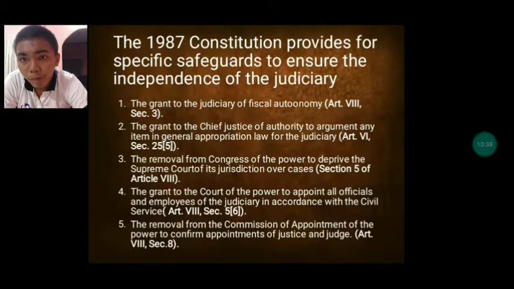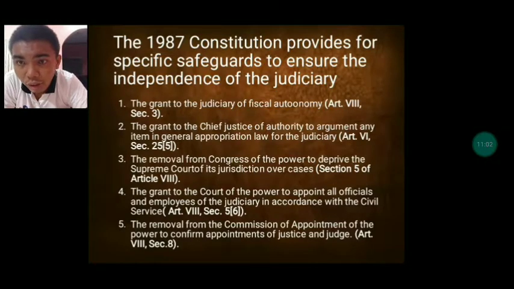The removal of the power of Congress to deprive the Supreme Court of its jurisdiction over cases, by eliminating Section 5 of Article 8.